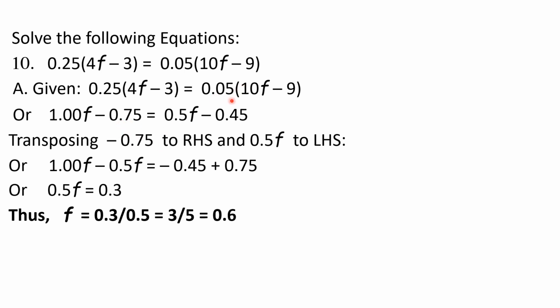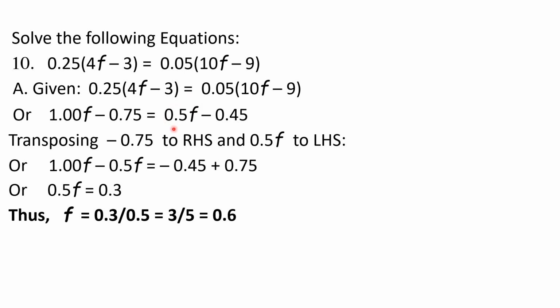Now 0.05 into 10. When you multiply by 10 or powers of 10, the decimal shifts one digit to the right. So it becomes 0.5f, minus 9 into 5 is 45, and there are two digits after the decimal, so 0.45.